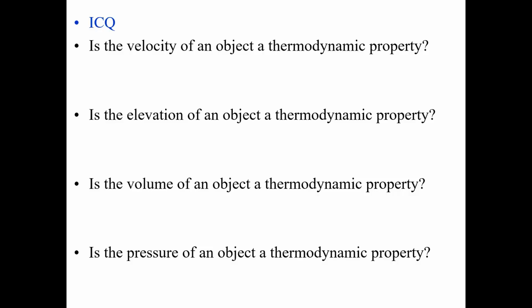For the same reason, you can find that the pressure of an object, again, is a thermodynamic property. Here, when we use the word pressure in thermodynamics, we always mean absolute pressure. It's not gauge pressure, it's absolute pressure.